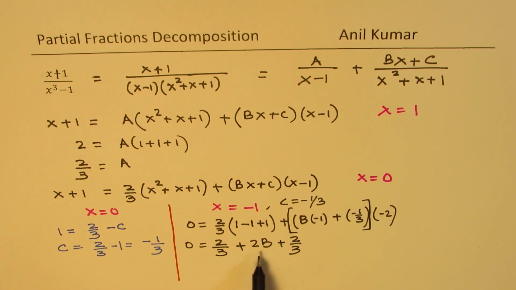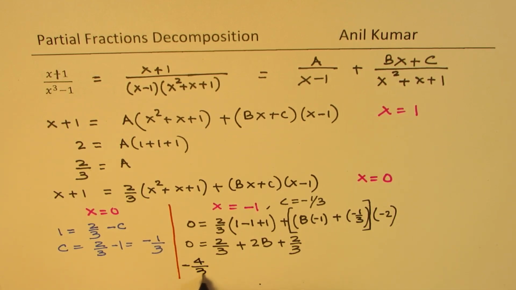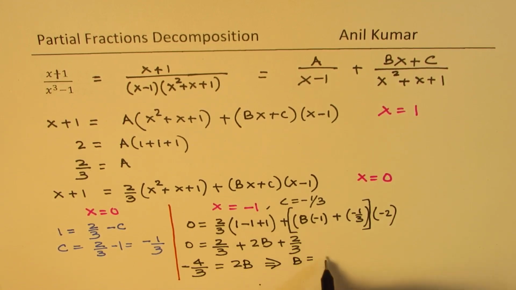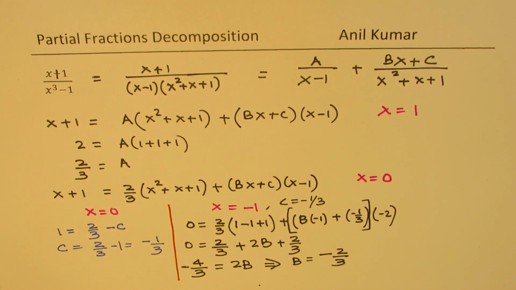So now we can get the value of b. 2 over 3 and 2 over 3 is 4 over 3. So that gives you minus 4 over 3 is equal to 2b. And that gives you the value of b, dividing by 2, as minus 2 over 3. Clear? So we get the value of b as minus 2 over 3.